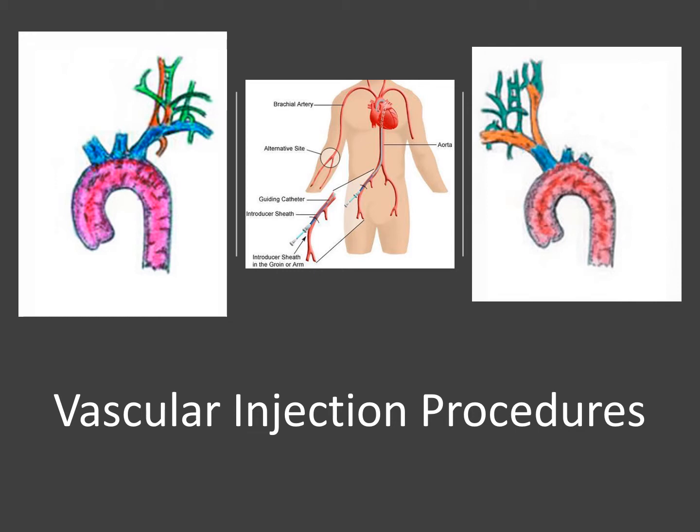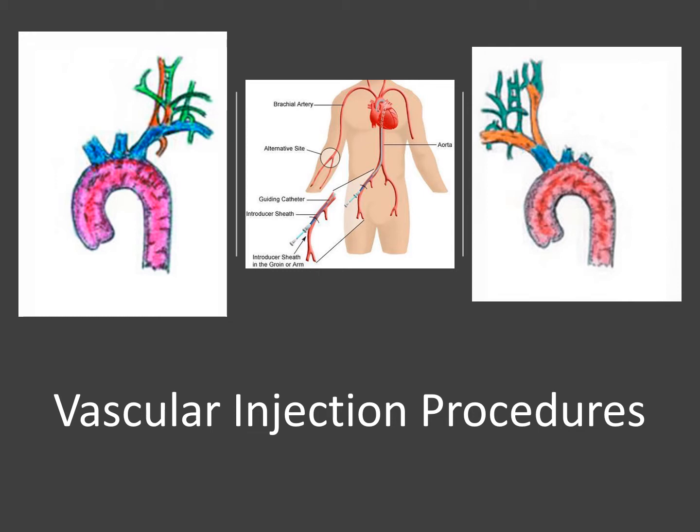The other thing I want you to take note of is that this is the area where you're going to see lots of selective and non-selective catheter placement. I talked about that at the beginning of the cardiovascular video, the second series.